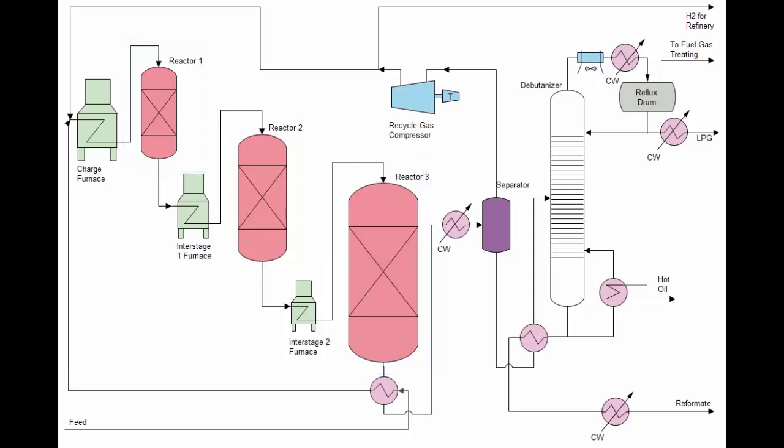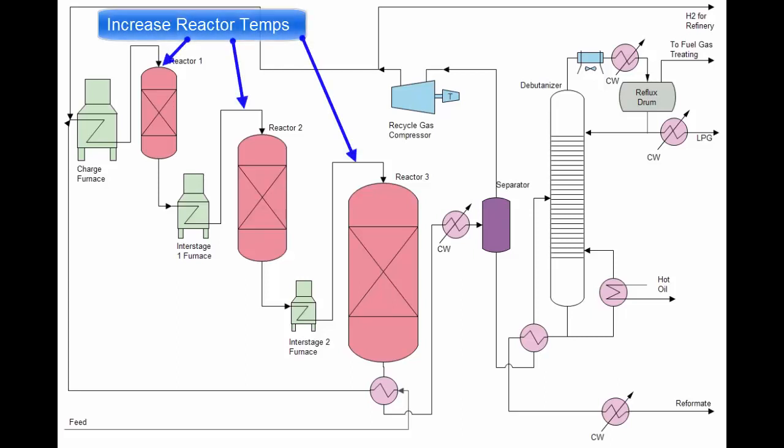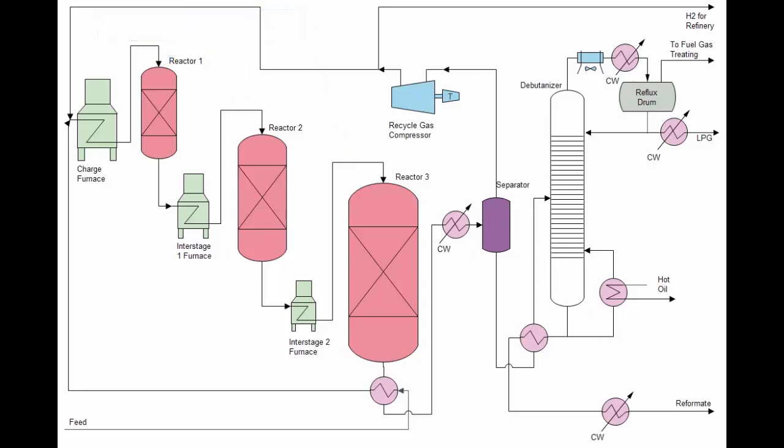Over the course of months, the reforming reaction produces coke, which causes the catalyst to deactivate. To compensate, operators raise reaction temperatures in order to obtain the desired conversion rates. However, eventually the reactor will need to be shut down and the catalyst regenerated. A typical cycle is 1 year before regeneration is necessary.